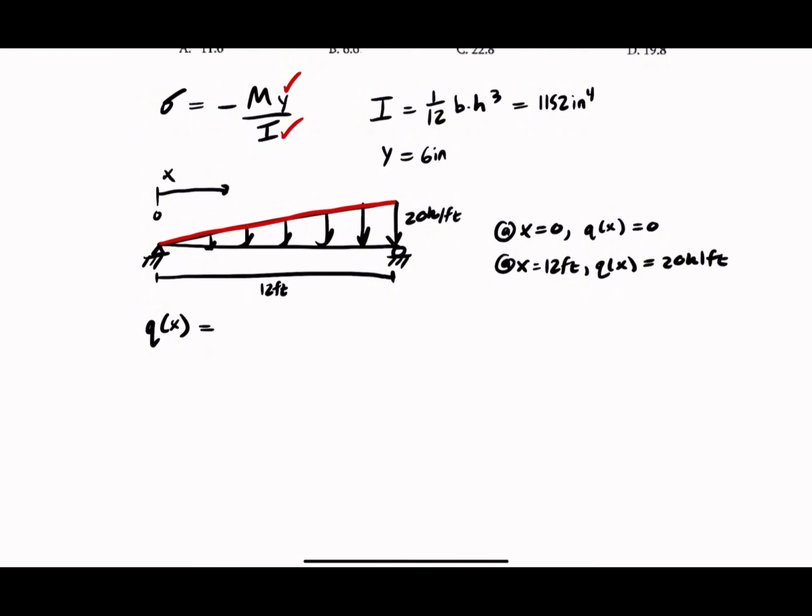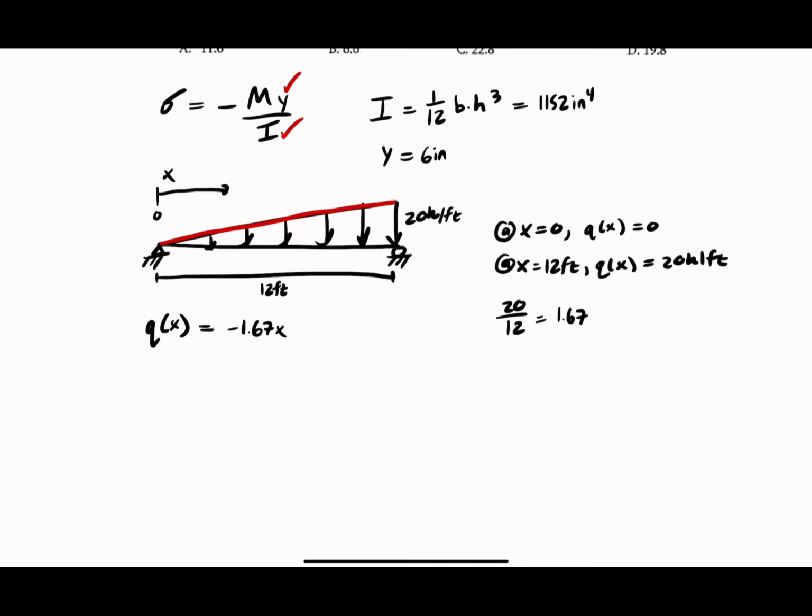So we can do that. 20 divided by 12 is equal to 1.67. We're going to make this negative because, as you can see, this is a downward force. So we want to make sure we incorporate that. So I'm going to try this function and see if our conditions work. So negative 1.67 x.